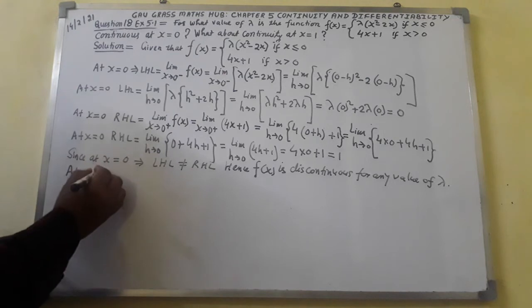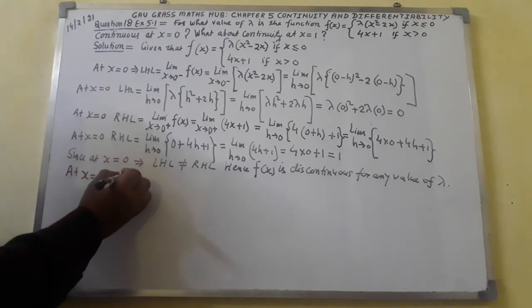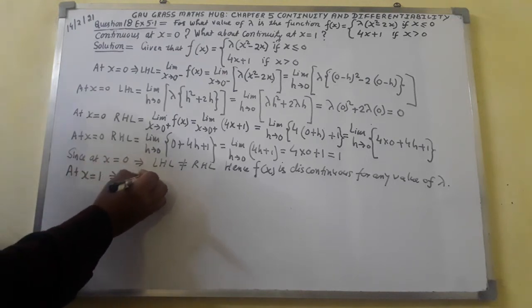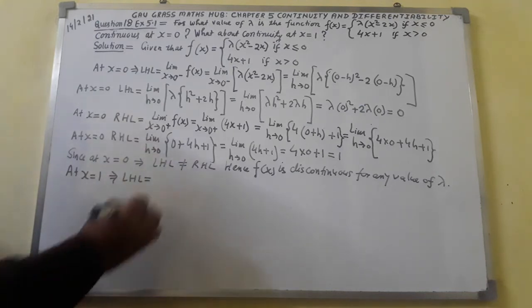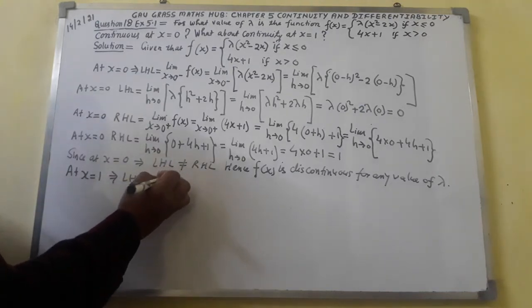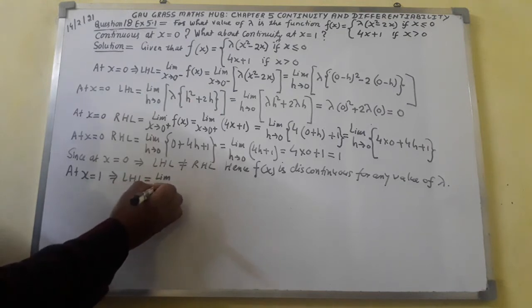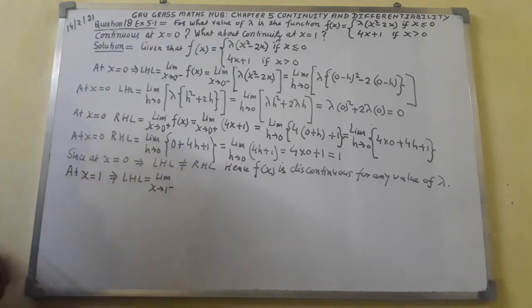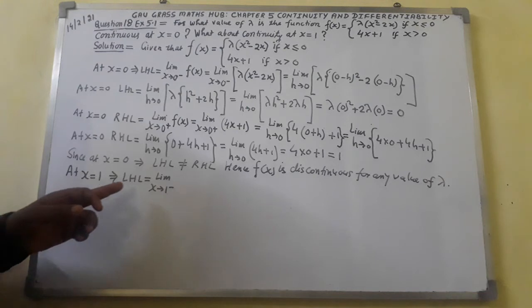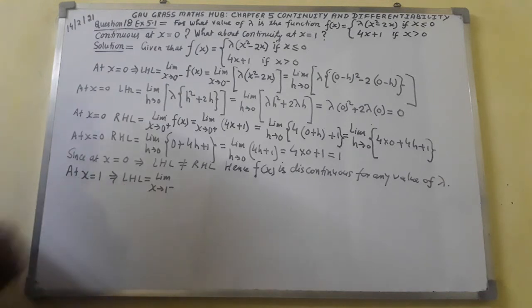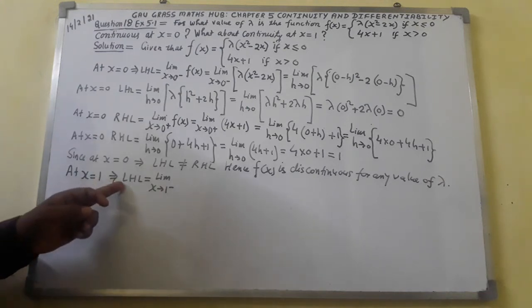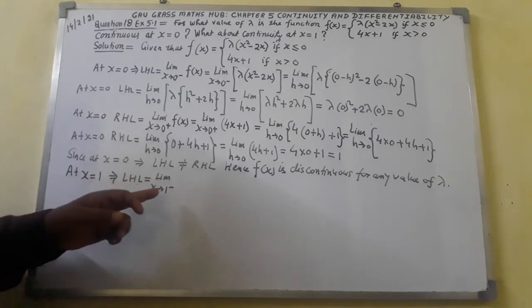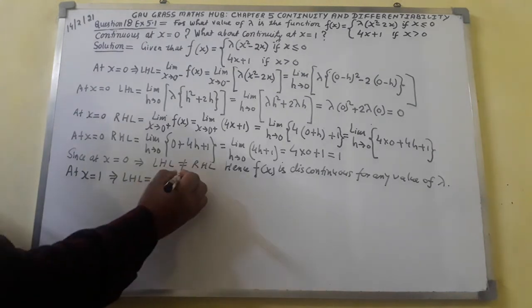at x equal to 1 implies that left hand limit equal to lim x tends 1 negative of f of x. Here x equal to 1 is written. Since left hand limit is written, for left I shall write x tends 1 negative of f(x).